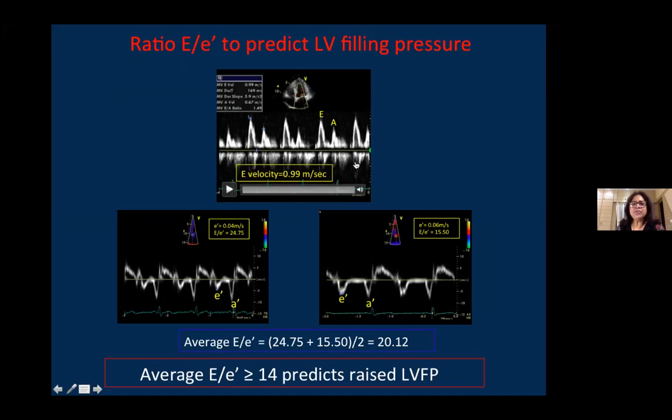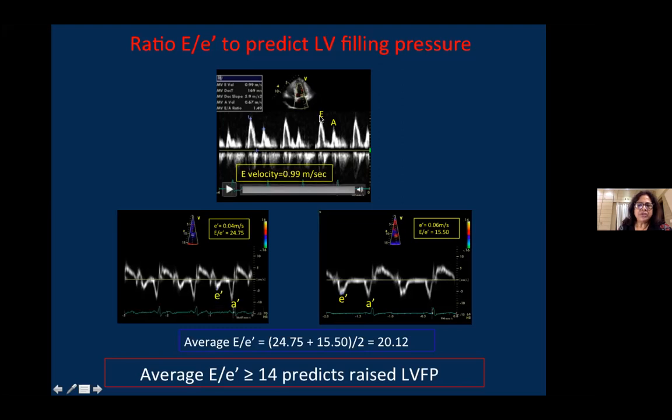First, we get the mitral forward flow. As in this case, we get E wave more than the A wave, and E velocity is 0.99 meter per second. Then next we do the tissue Doppler imaging by switching on tissue Doppler mode and reducing the sector width. We get E prime velocity as well as A prime velocity.